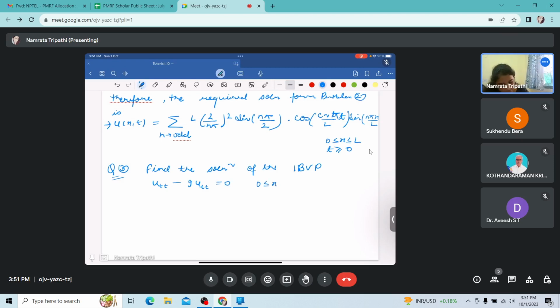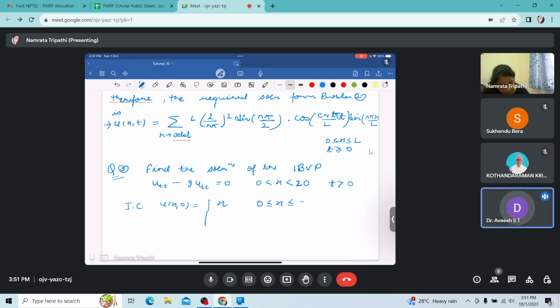x from 0 to 20 and t is greater than 0, and the initial conditions are, first one is given in the part. Ma'am, it is 9uxx.